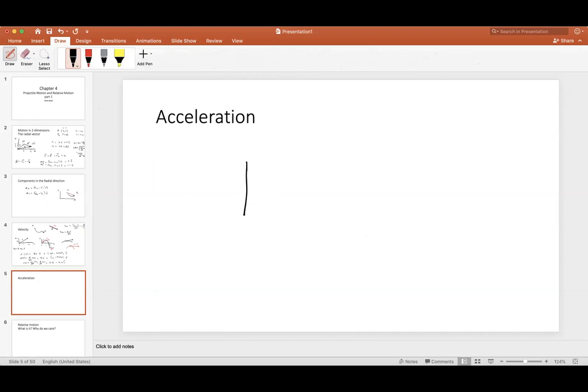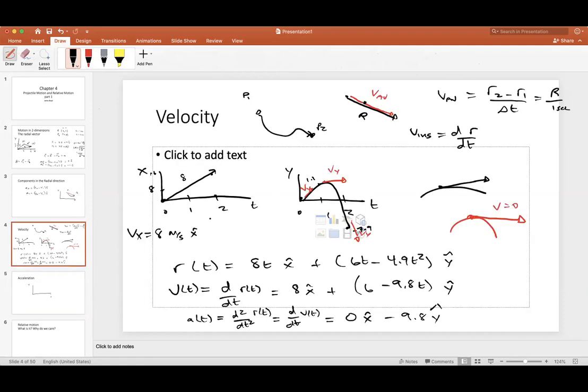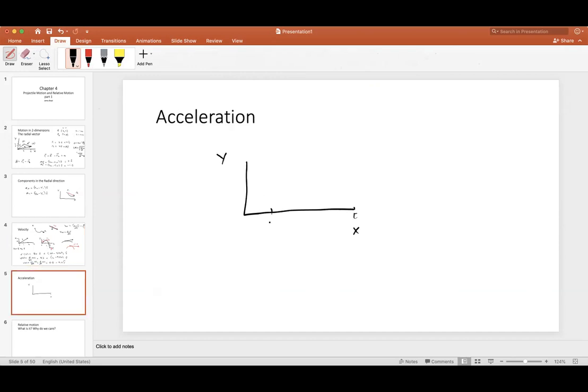So if we put them together, instead of t, we're going to actually use x, because remember, for every t, we get 8 in x. So at time 1, we're at 8. At time 2, we're at 16. At time 3, we're at 24. And at time 0, we're at 0. So here in the x direction, we're going that way.